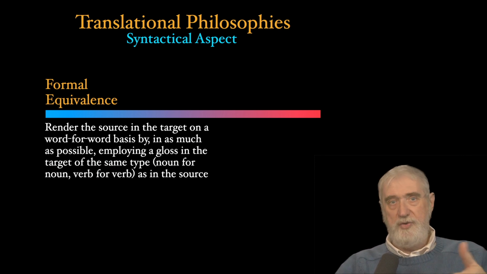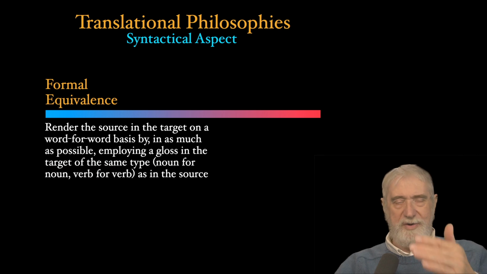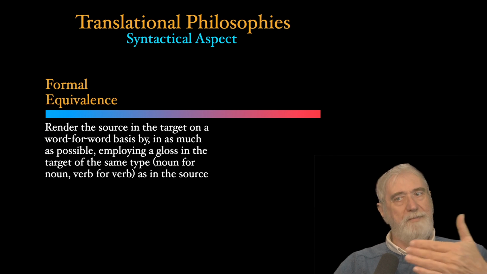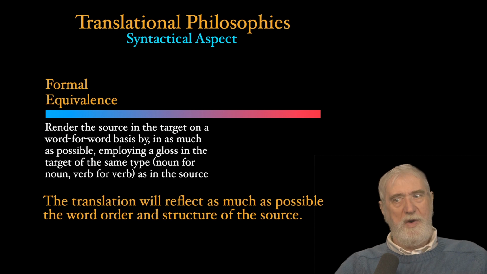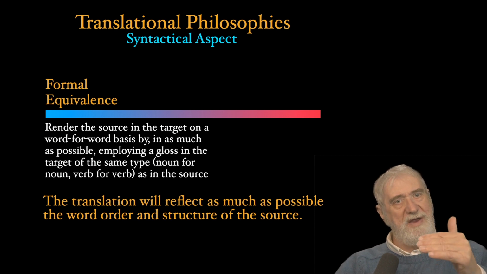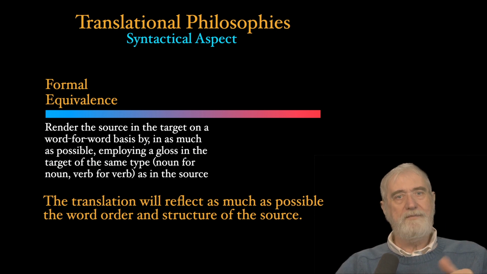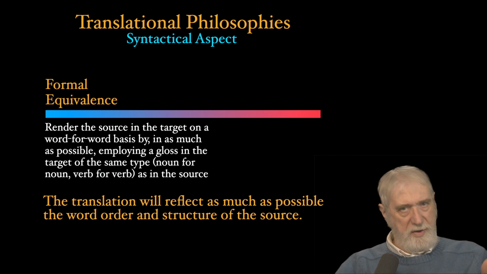So you would substitute a verb for a verb and a noun for a noun and an adjective for an adjective. And at the extreme end, you would do this as closely as possible. As a result, a translation done this way will reflect as much as possible of the word order and the grammatical structure of the source language.